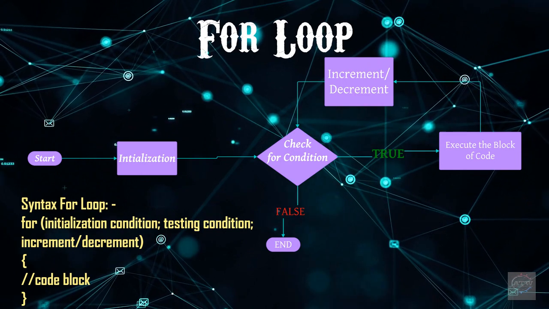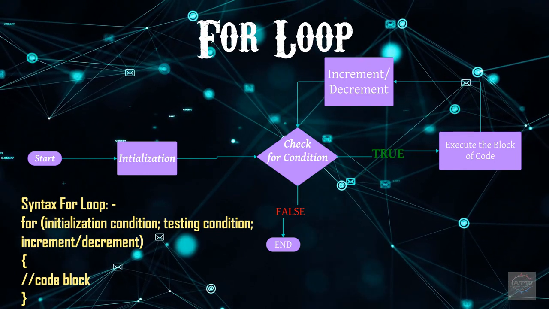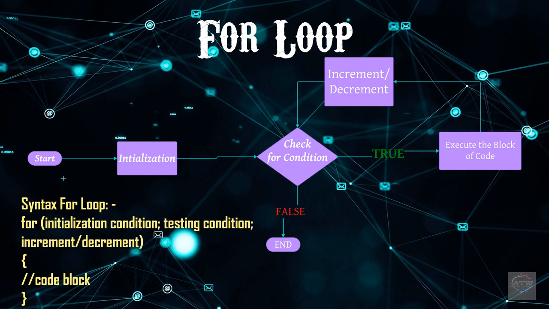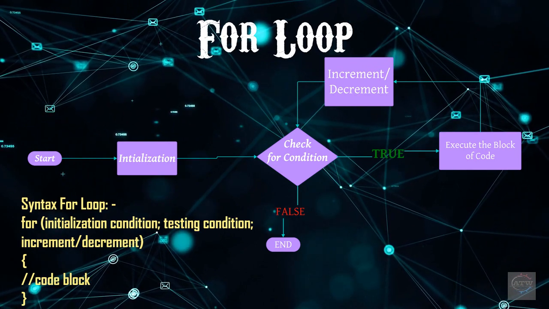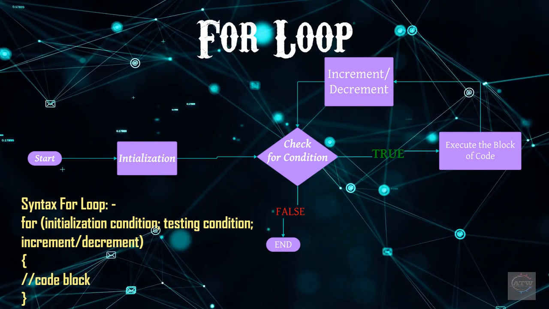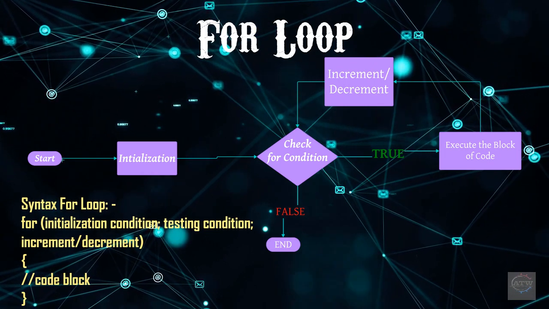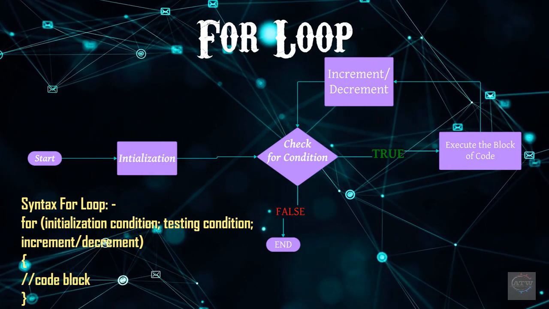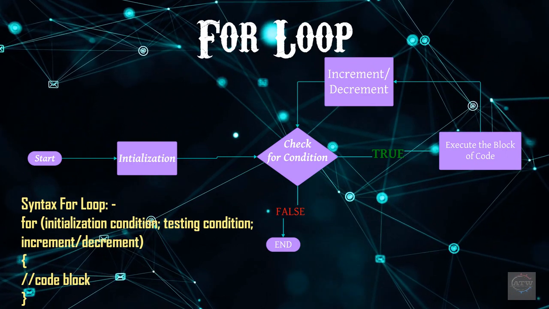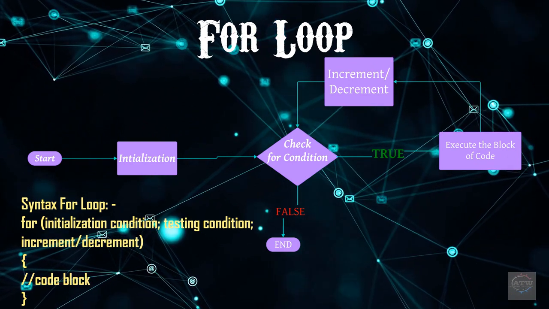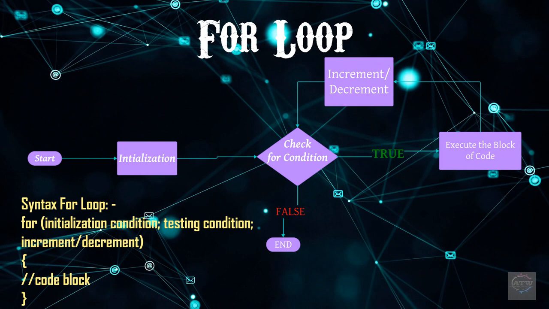So 6, 7, 8, 9 up to 15. The third statement is the increment, i plus plus. Then curly brace, the piece of code which you are going to execute. It can be an if statement, a switch statement, or just a sysout statement, and then close the loop. This is how the for loop works.